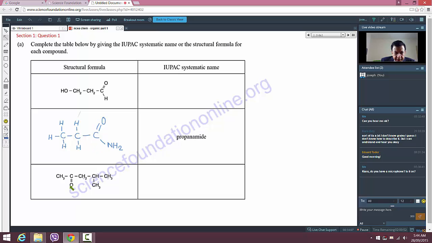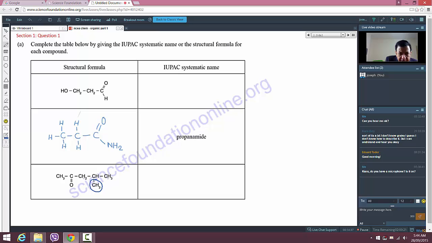Then look at the next one here. Now here we have 1, 2, 3, 4, 5 carbons in the chain, and it's an alkanone because it's got the C double bond O functional group here. But it's also got a methyl group connected to it.